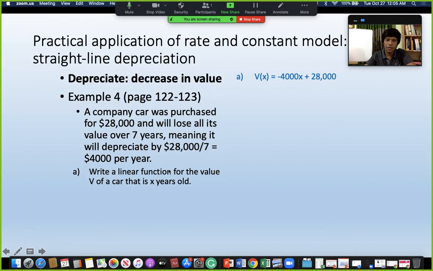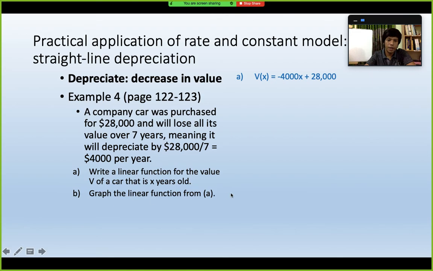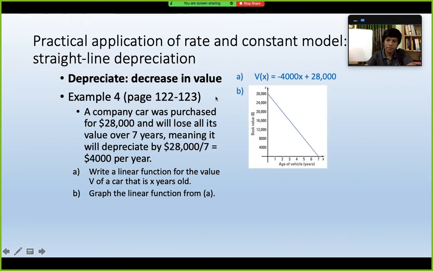This is the function here, and the second question is to graph it. We can graph this function by putting x equals 0 and finding y. After 7 years, the total amount of money will go to 0. There are some ways to understand it, because 7 times 4 equals 28, so you can see that the line is like this.